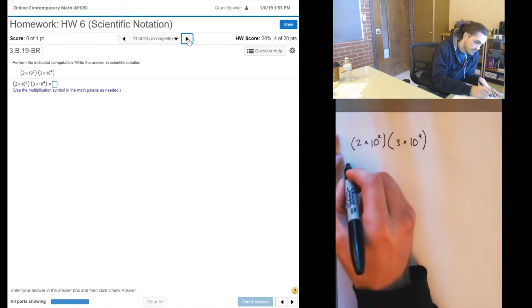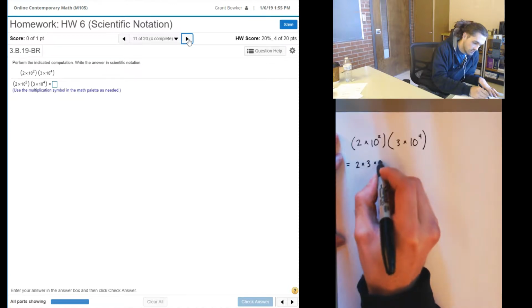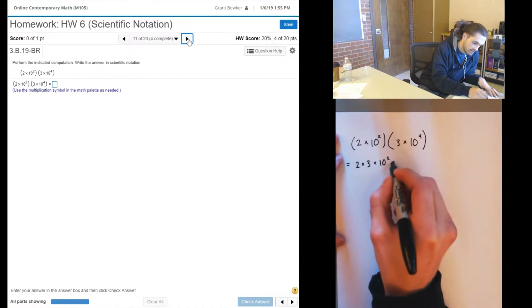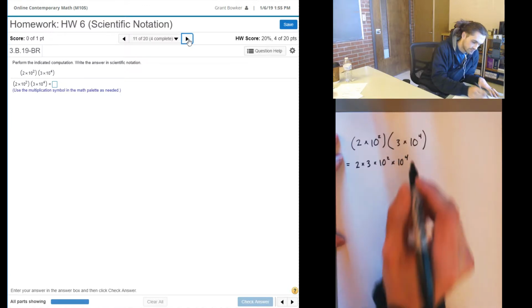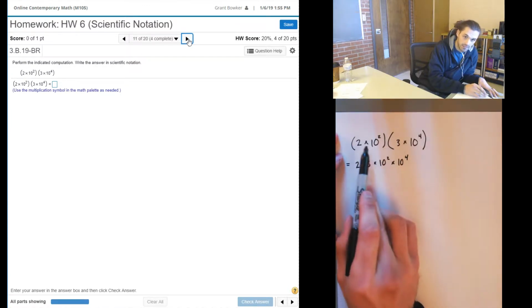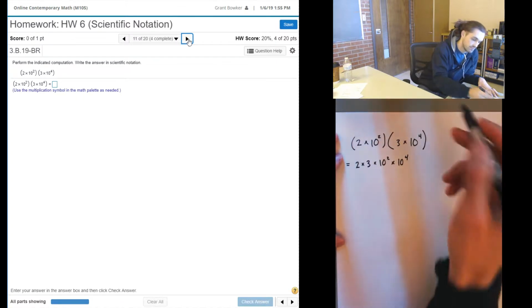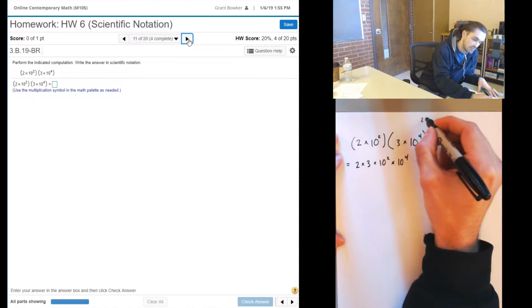So I could really write this as 2 times 3 times 10 squared times 10 to the 4th. Recognize this is coming from, I can rearrange this multiplication to look like this. Well, that's simply because something like 2 times 3 is equal to 3 times 2.